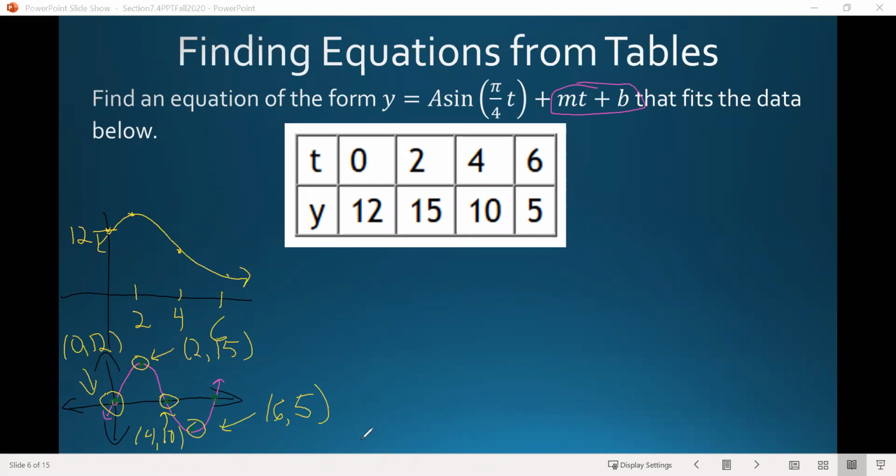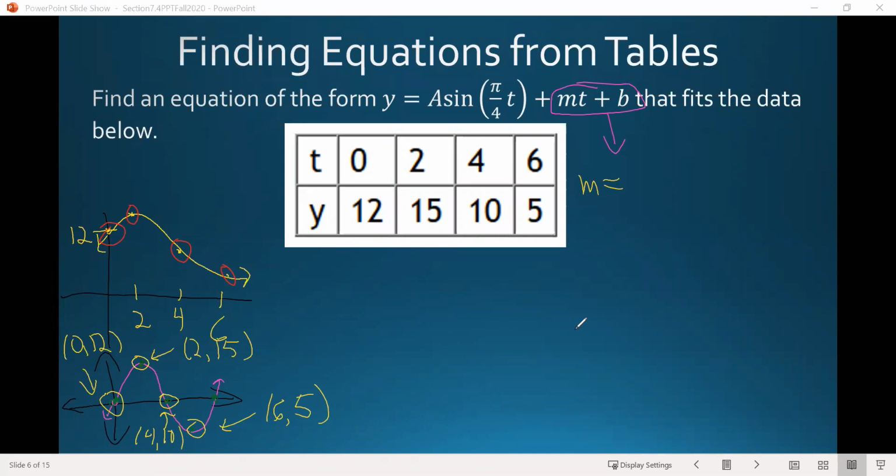Because I don't know about you guys, but for me, it's hard to tell that from the picture up above. So what we're going to do first is start by finding the equation of the midline for this function, so that mt plus b form, which as we said is a linear midline. And so we know that when we have a linear function, the first thing we usually need to find is our slope.